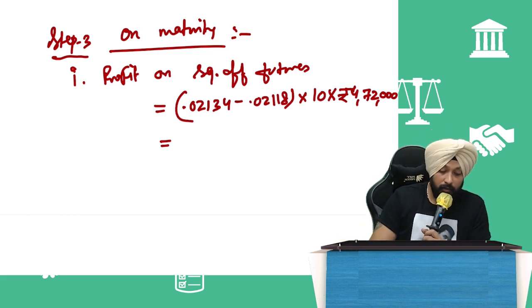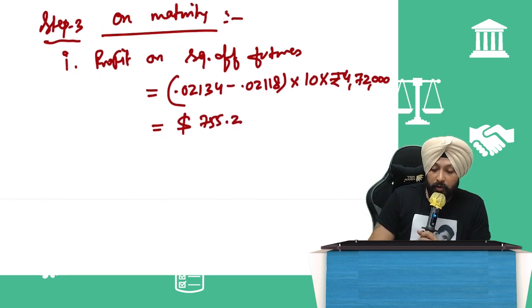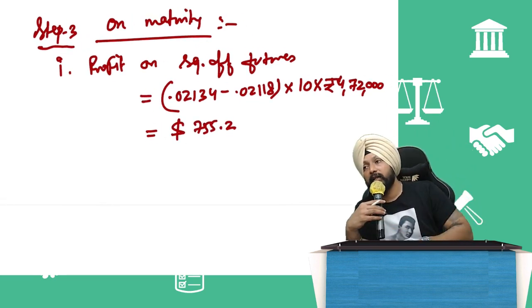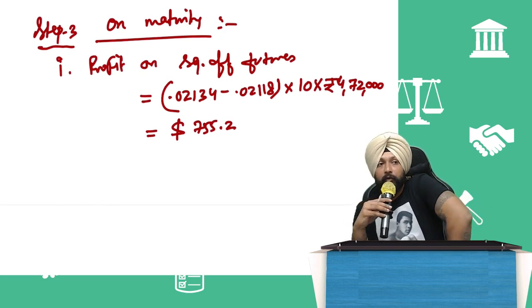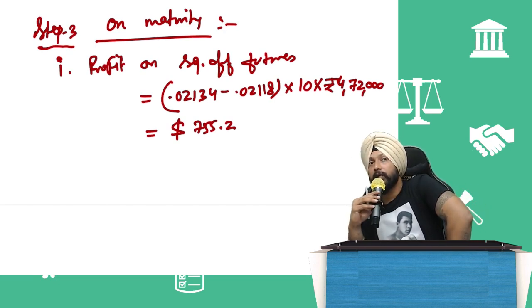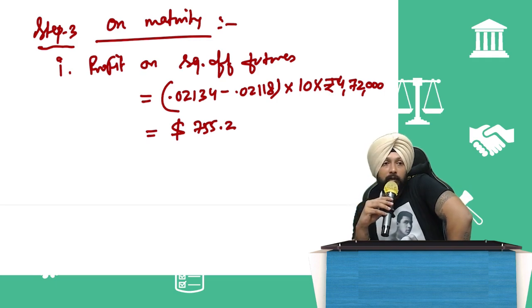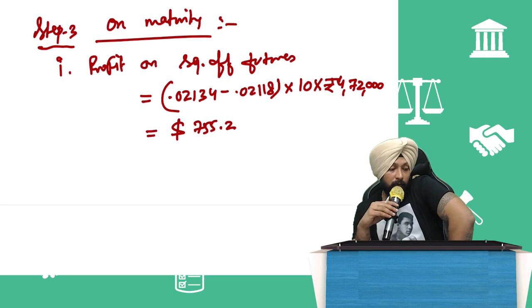How much? 755.2. That is dollars. In this the price currency is dollars, guys. The profit is in dollars. No mistakes, okay? No rupees, please. It is dollar per rupee. The profit has to be in dollars.